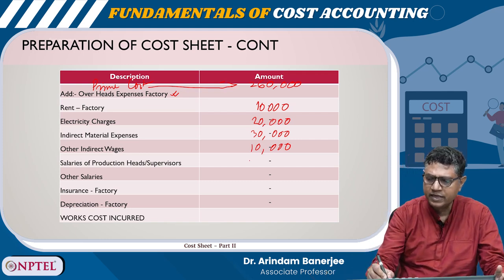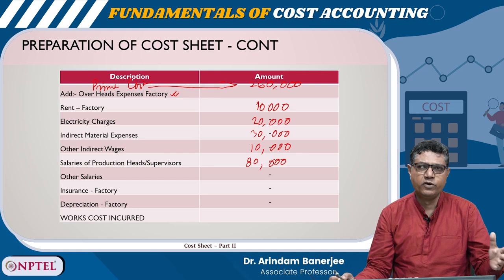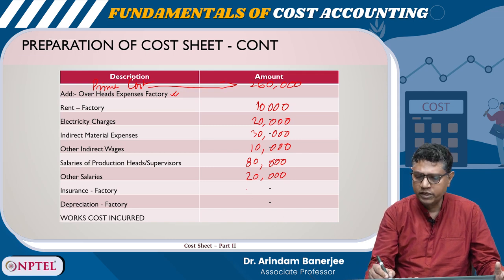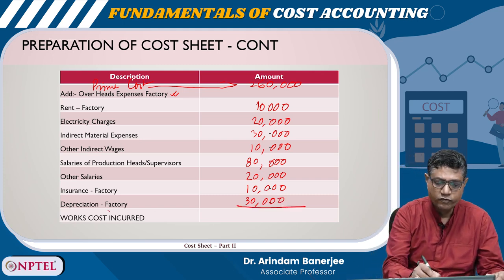Suppose their salary is say 80,000. There are some other supporting staff, maybe peons, their salary is again say 20,000. You are paying insurance for the factory 10,000, and for depreciation you are paying say 30,000. If you add all this, you will get the works cost.